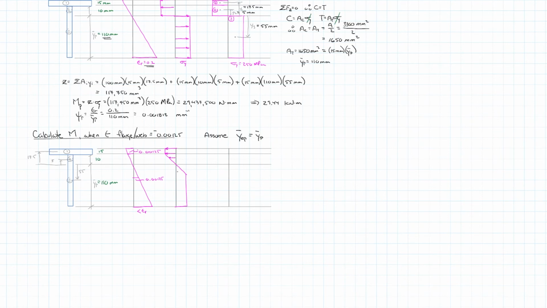We were to draw these in, so this is what the stress distribution is going to look like. We're going to have a portion of the beam, top and bottom, which are plastic, and so they have achieved sigma y equals 250 megapascals.